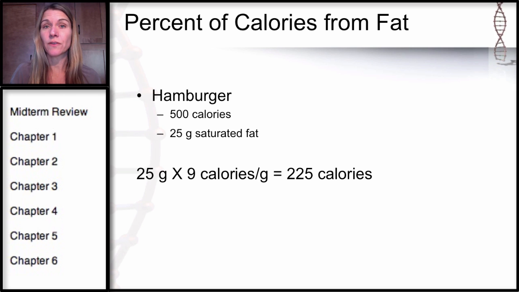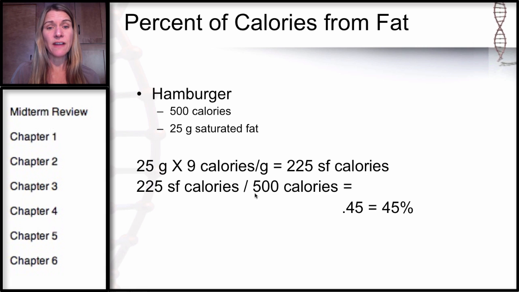We start with using the 9 calories per gram, which is how many calories per gram of saturated fat. And so we have 25 grams of saturated fat. For every gram, there are 9 calories. So that means we know that there are 225 saturated fat calories in this hamburger.